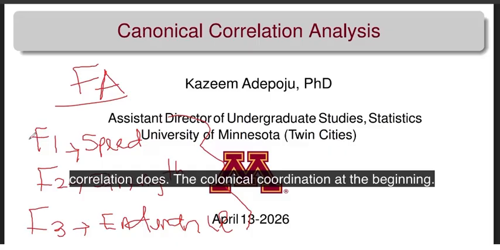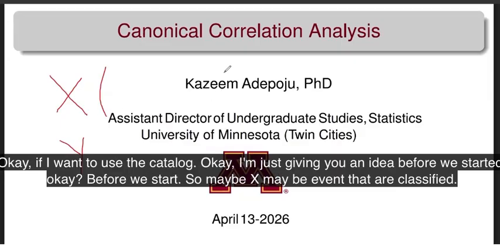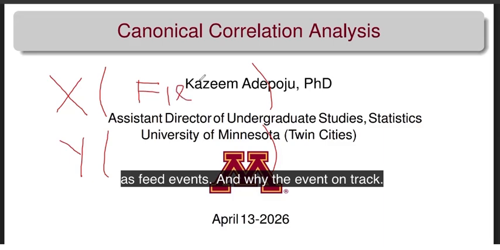For canonical correlation, at the beginning, we're actually going to have two sets of events. Just to give you an idea before we start, maybe X may be events classified as feed events, and Y the events on track.